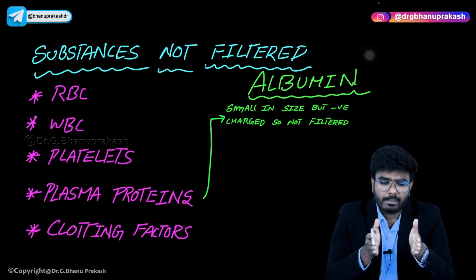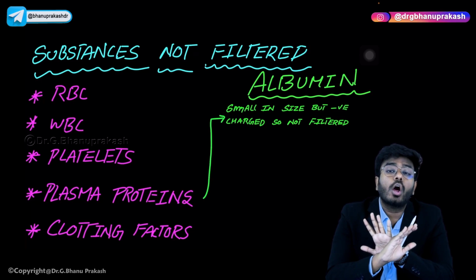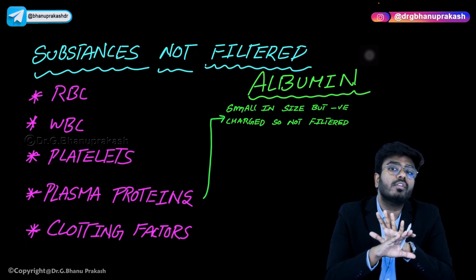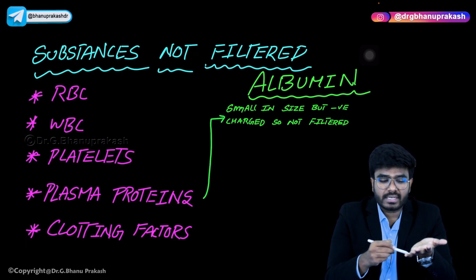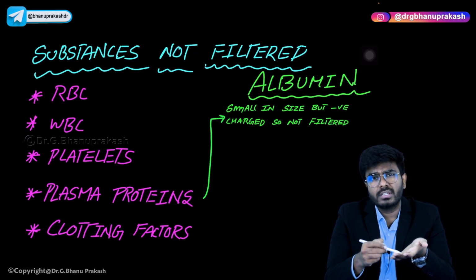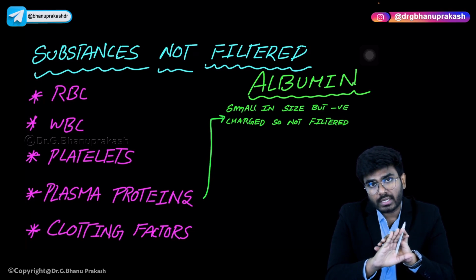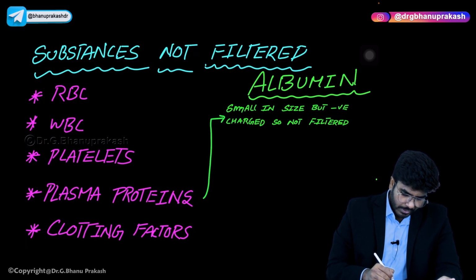You will be having mainly cells, RBCs, WBCs, platelets. So, these cells are not filtered. During any point of time in a healthy individual, they are not filtered. And the same way, in your plasma, you are having the plasma proteins, right? Albumin, globulin, fibrinogen, coagulation proteins, complement proteins. These proteins are also not filtered. So, these are important points.